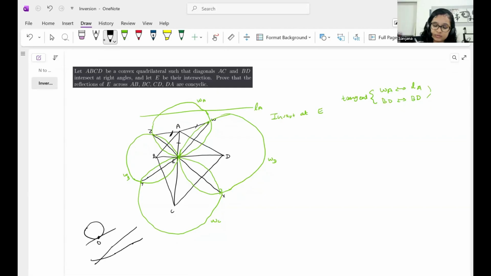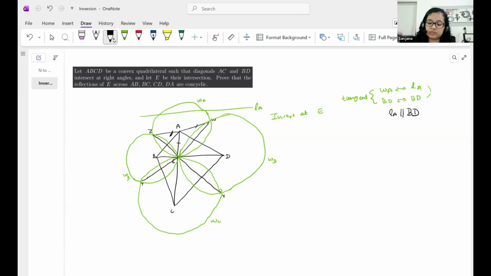But can they have an intersection point? Is that possible? No, they would have to be parallel. Yes, they have to be parallel because their only common point was O. When they both go to lines, they cannot have another common point because that does not have an inverse. So they have to be parallel. So this means that LA is parallel to BD.